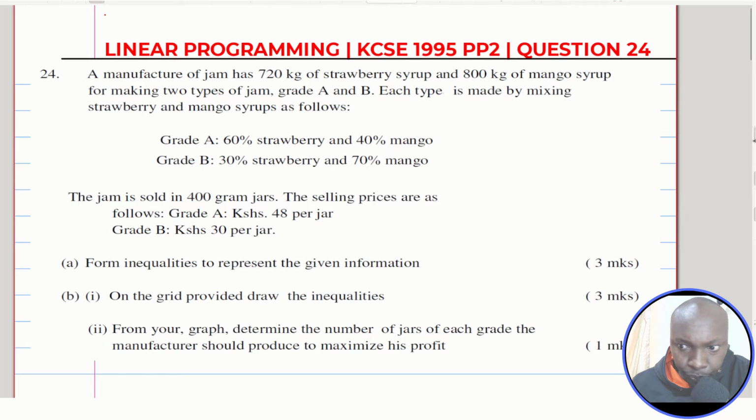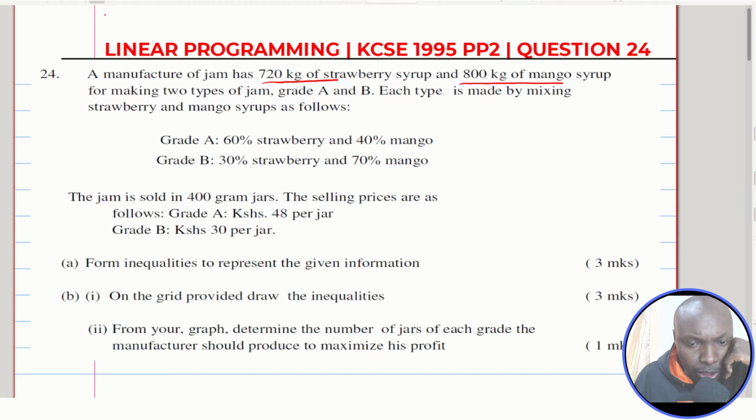One, this manufacturer has 720 kg of strawberry syrup and 800 kg of mango syrup, which is what he has to use to make these two types of jam, grade A and B. For mixing purposes, for grade A, each jar has 60% strawberry and 40% mango. Then grade B, 30% strawberry and 70% mango.